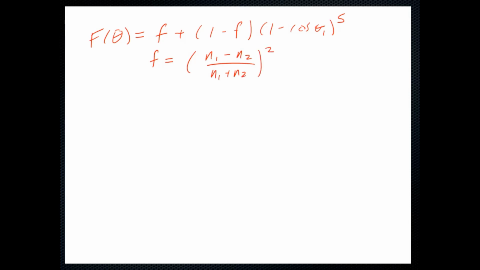So let's set up with n1 equal to 1 and n2 equal to 1.33, so we're going from air to water. Then we end up with the little f term equal to 1 minus 1.33 over 1 plus 1.33, squared, which happens to be 0.02. Small value.